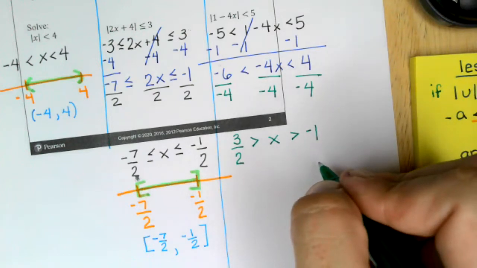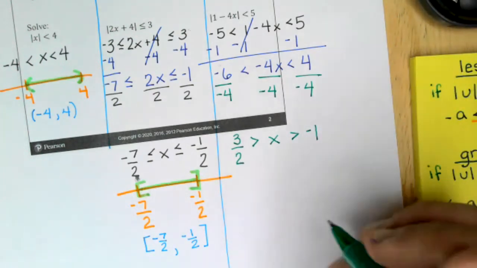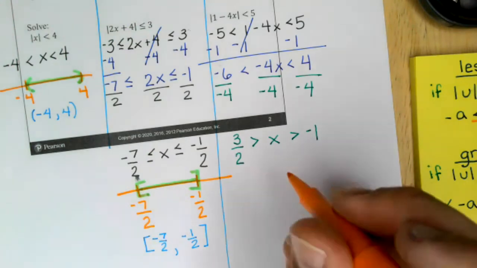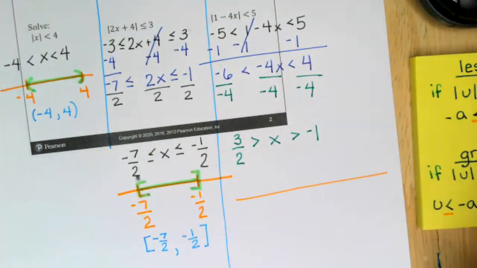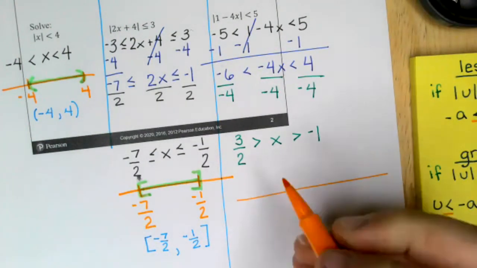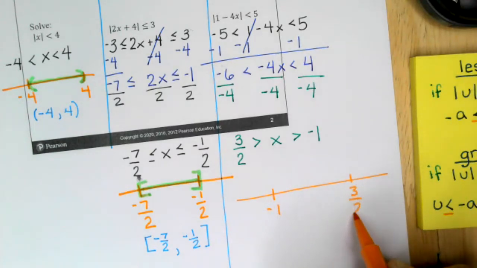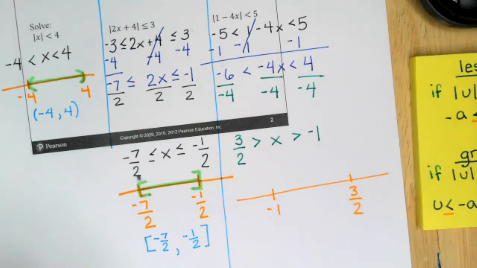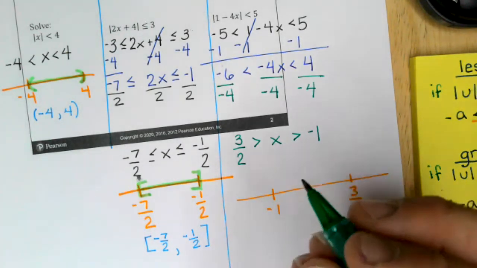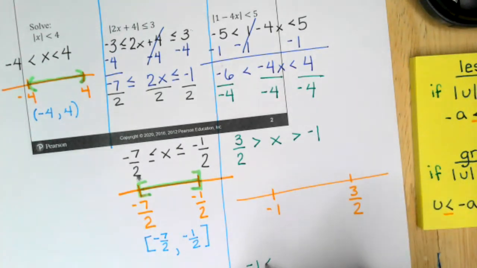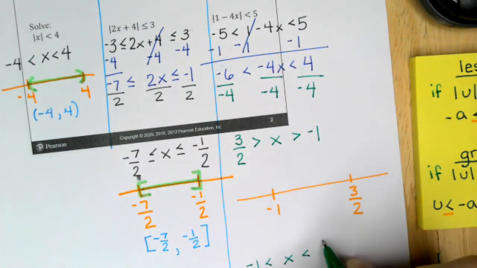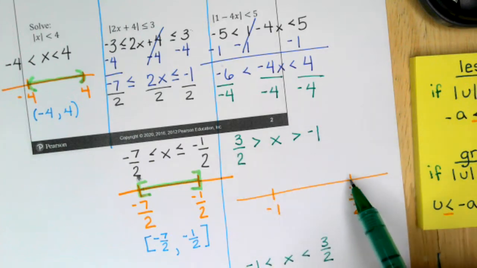So that's a little bit confusing because negative 1, if I was to put it on a number line, which is my next step, negative 1's over here, and 3/2 is over here. Ugh. I would rewrite it. You don't have to. If it doesn't confuse you, you don't have to. So negative 1 is smaller than x, and x is smaller than 3/2. Or 3/2 is greater than x, and x is greater than negative 1.